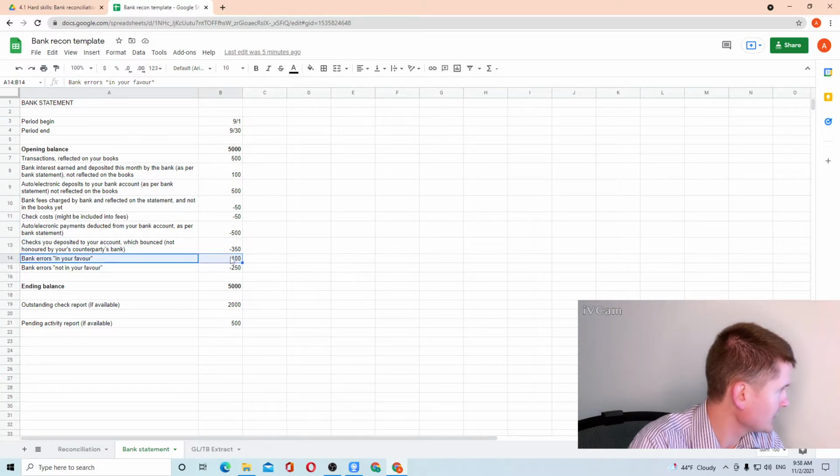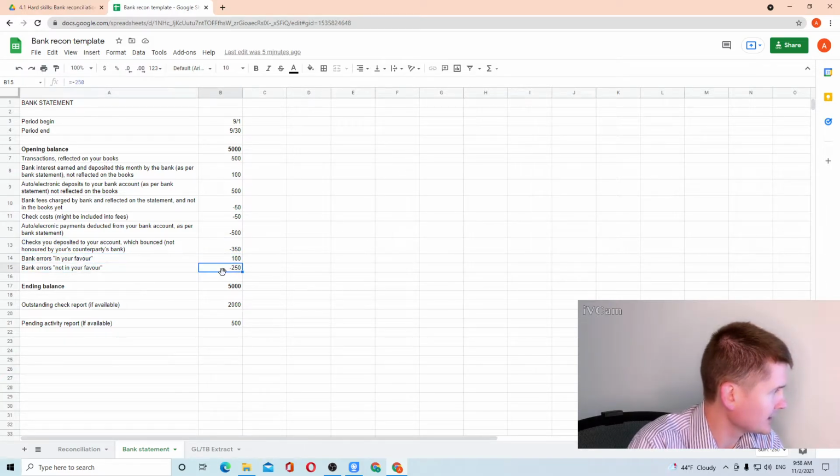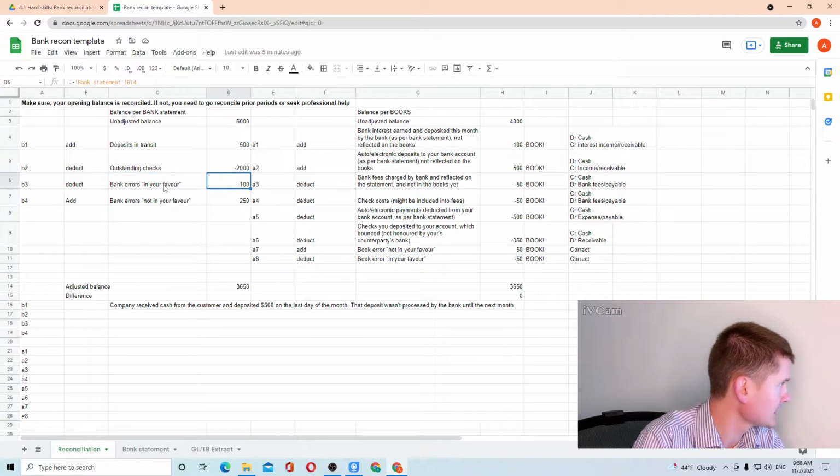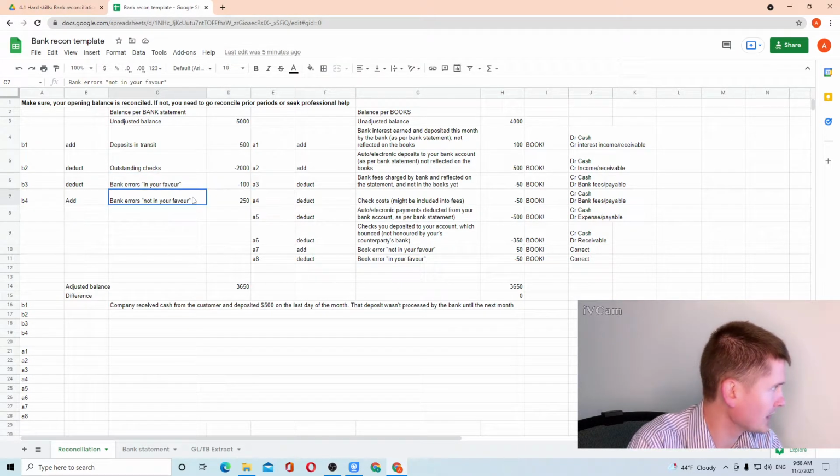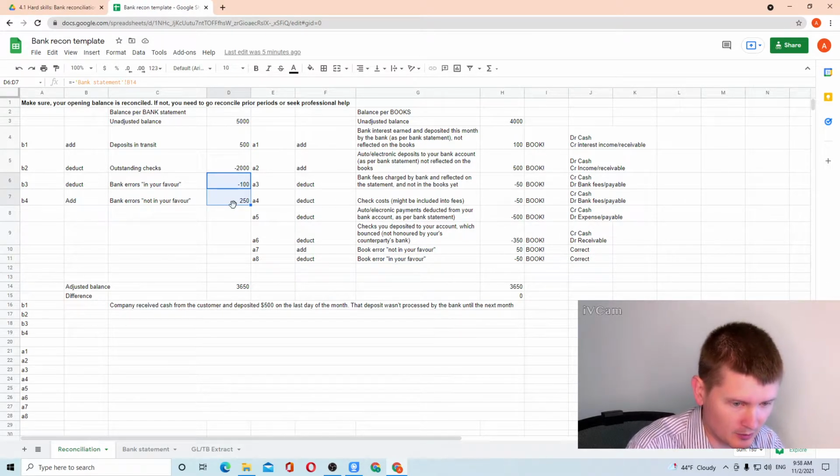So you find errors in your favor and errors not in your favor, and here you correct for that. From the bank statement, you deduct errors in your favor, you add back errors not in your favor, and of course you need to notify your bank to fix those errors.